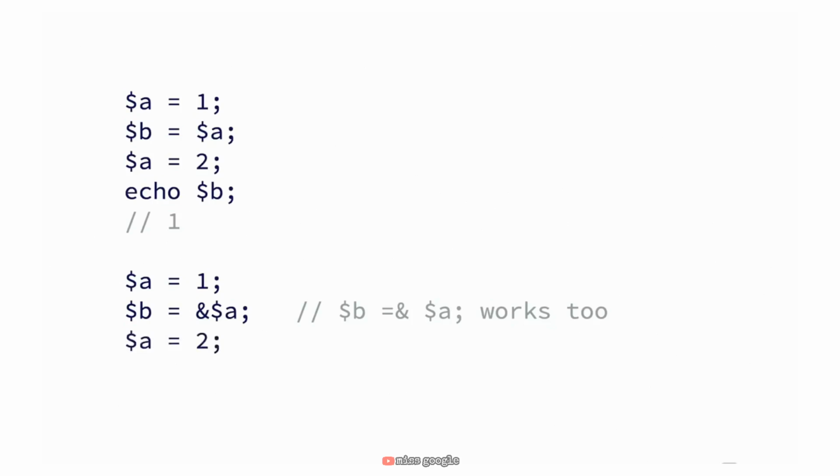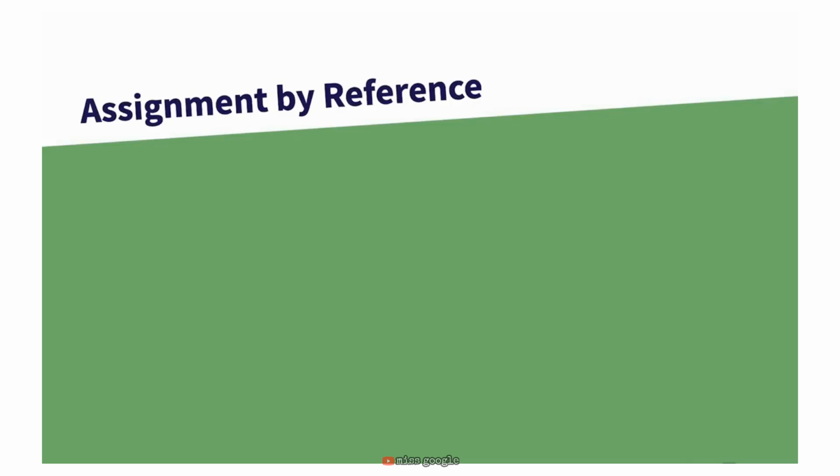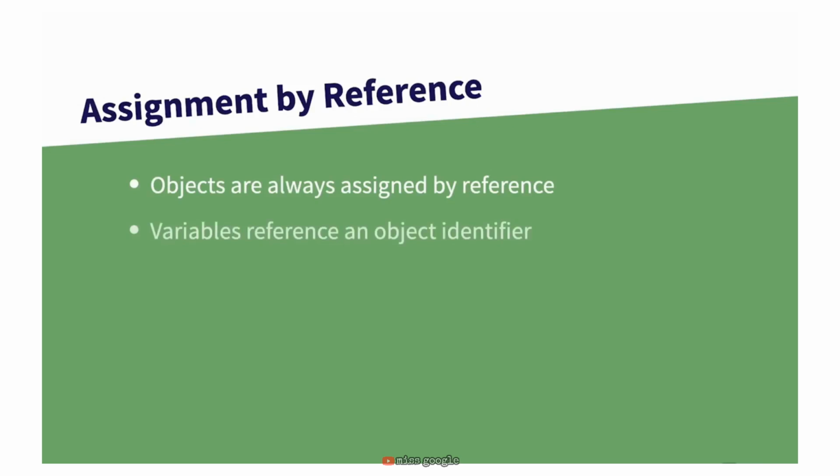So if we change the value of that memory to be something different, then B changes right along with it because A and B point to the same thing. It's a reference. The reason why that matters is because in object-oriented programming, objects are always assigned by reference. The reason why this is true is because variables aren't actually pointing at the objects themselves, they point at an object identifier.